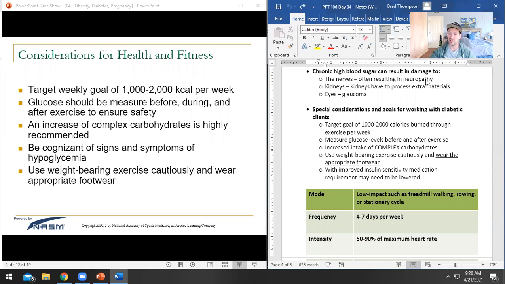Your nerves' job is to carry signals throughout the body, right? So that results in a condition that we call neuropathy. And neuropathy is basically nerve damage that results in numbness or tingling in specific parts of the body. We call it peripheral neuropathy.